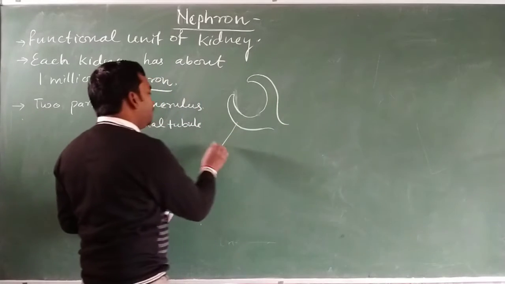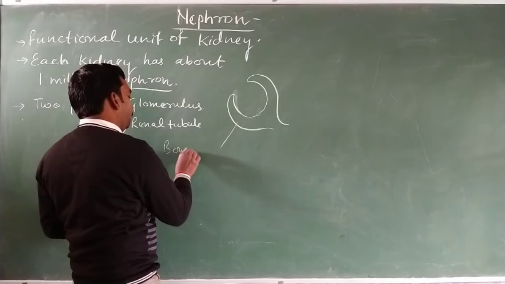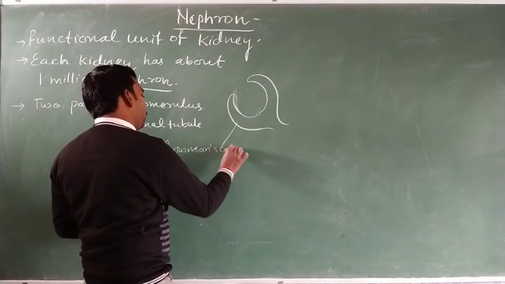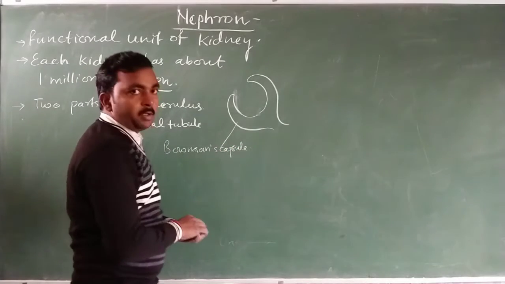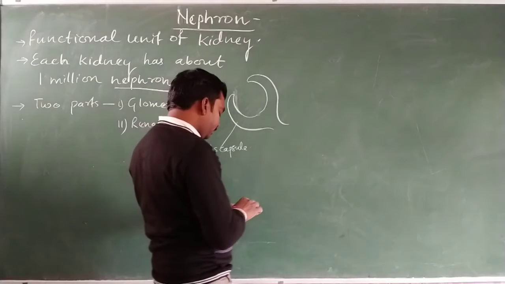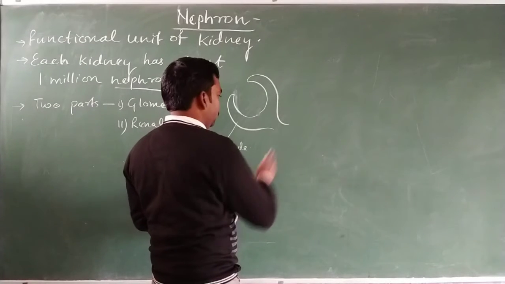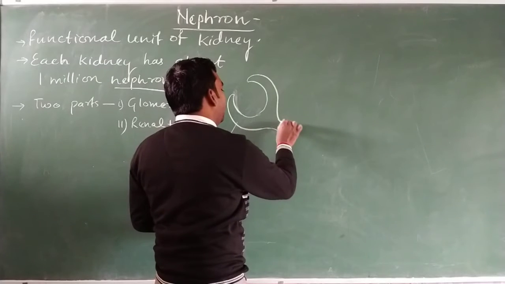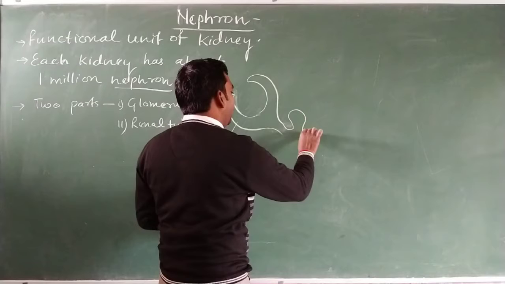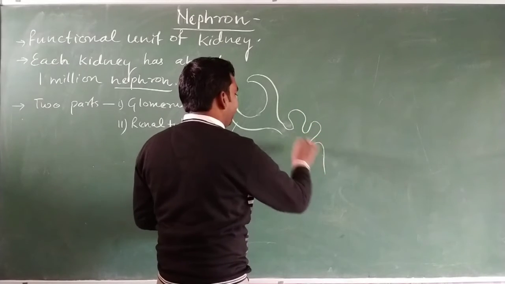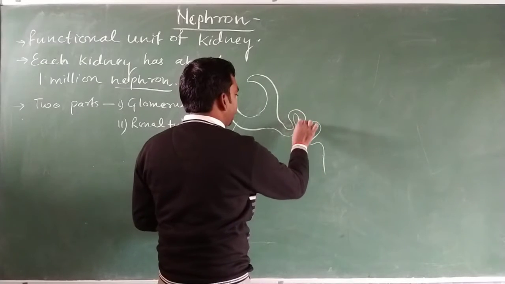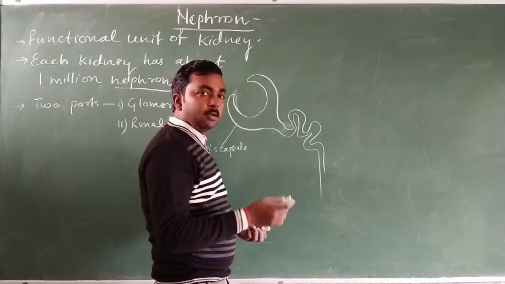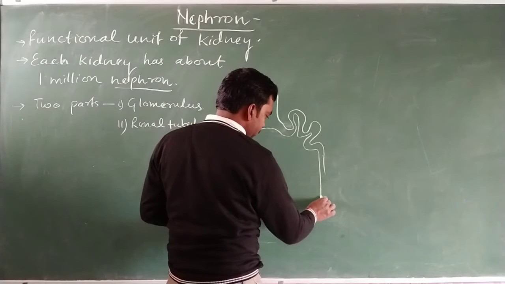The Bowman's capsule extends forward and forms a coiling. This coiling again runs in a downward direction.